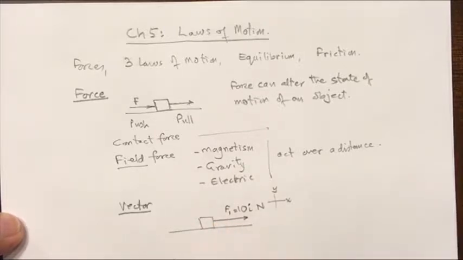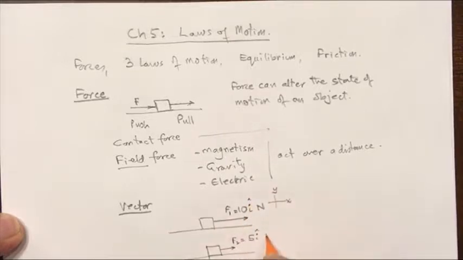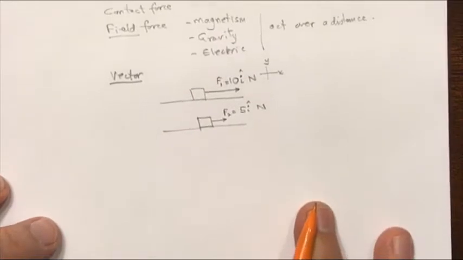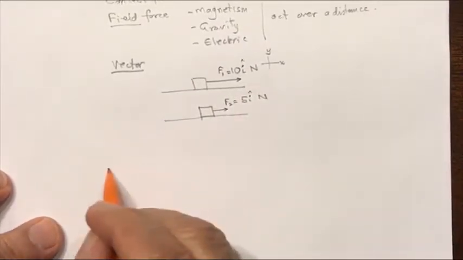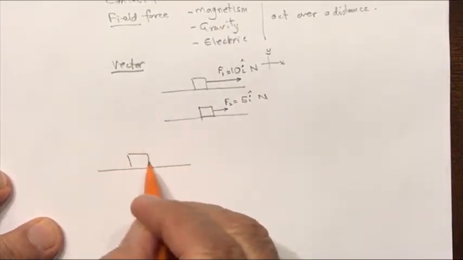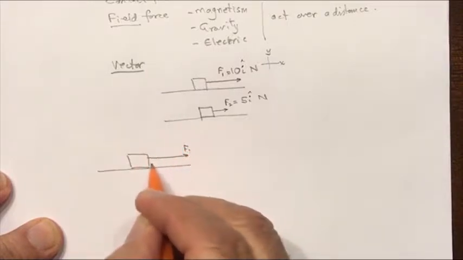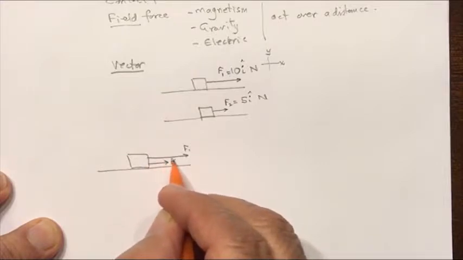Now here's another force acting on the same mass. F1 is removed, and we have another force, F2, which is, let's say, 5i newtons. So this is pulling it to the right with a smaller force. Now, if both of them act on this object at the same time, we could have F1 here and F2 here.